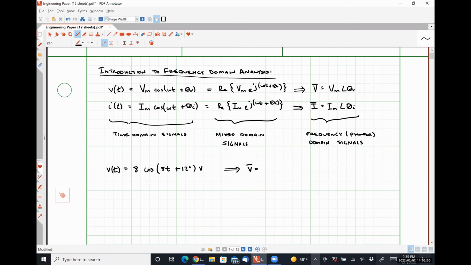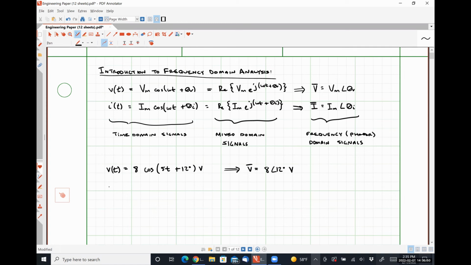What do I need to do? Keep the magnitude, keep the phase angle, throw the rest away. It's literally that simple, right? So this would look like 8 angle 12 degrees volts in the frequency or phasor domain.